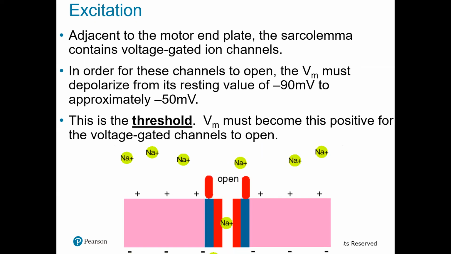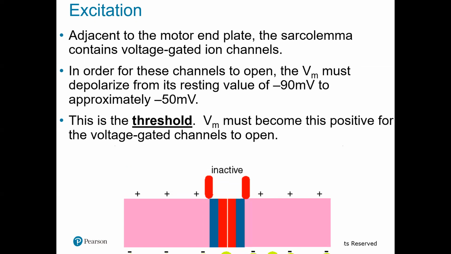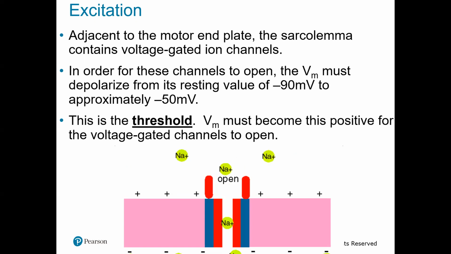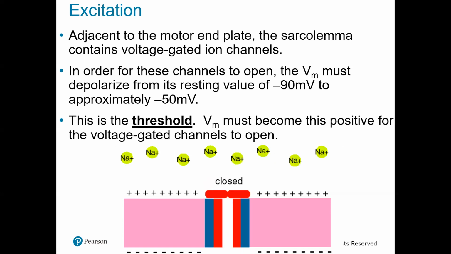As the sodiums come in, the charge changes from minus 90 to minus 80 to minus 70 to minus 60 up to minus 50, if it gets there. There's no guarantee it's going to hit minus 50, but minus 50 is the threshold level where the voltage gates will open up. The voltage gates are on either side of the motor end plate. They will only open at minus 50 millivolts or above.